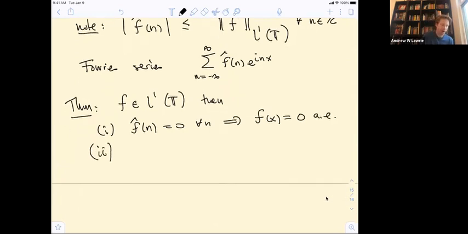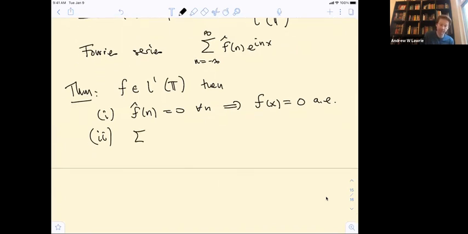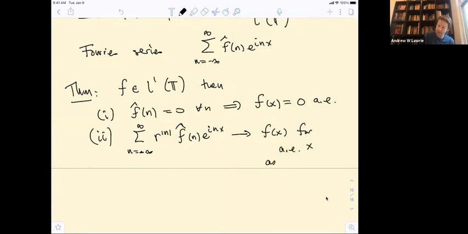And two, that the sum from n equals minus infinity to infinity of r to the absolute value of n, f hat of n, e to the i n x tends to f of x for almost every x as r tends to 1.